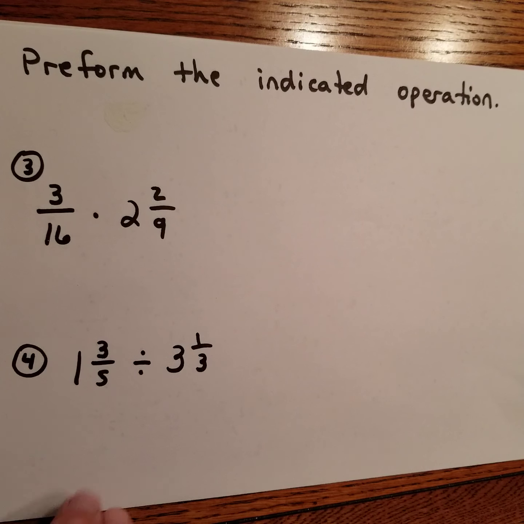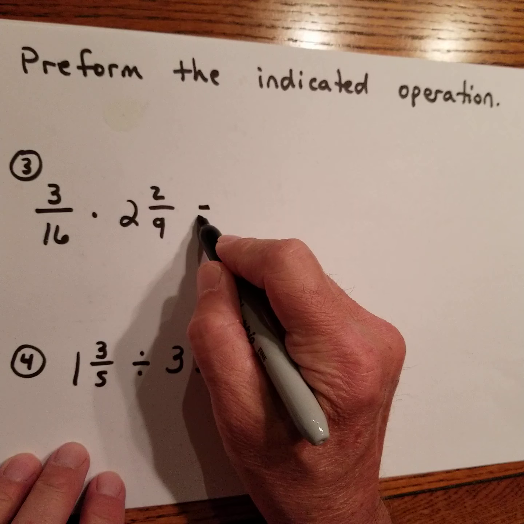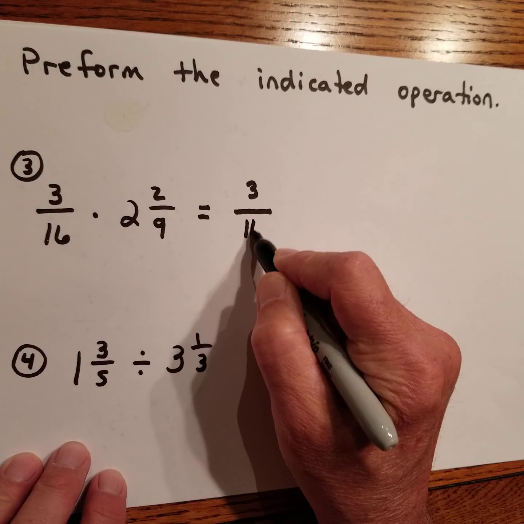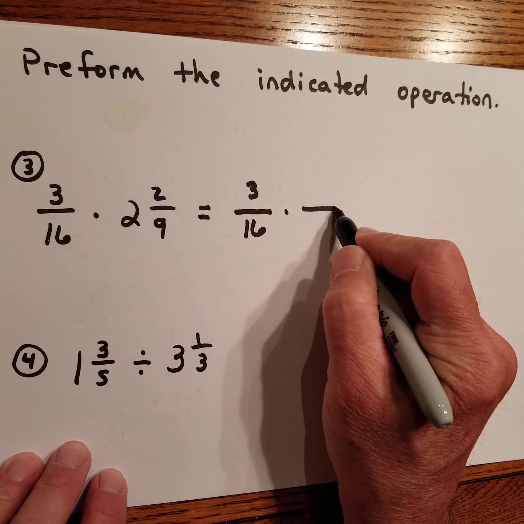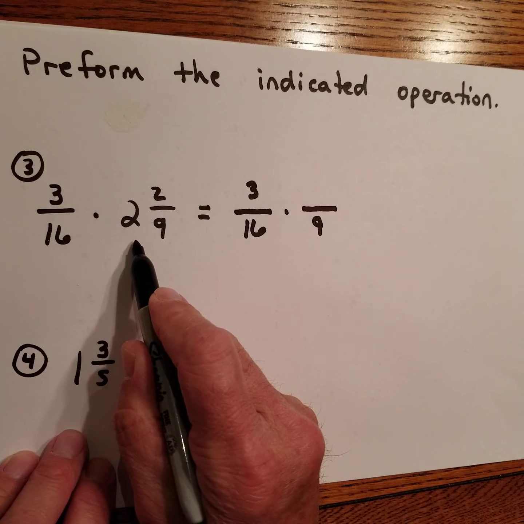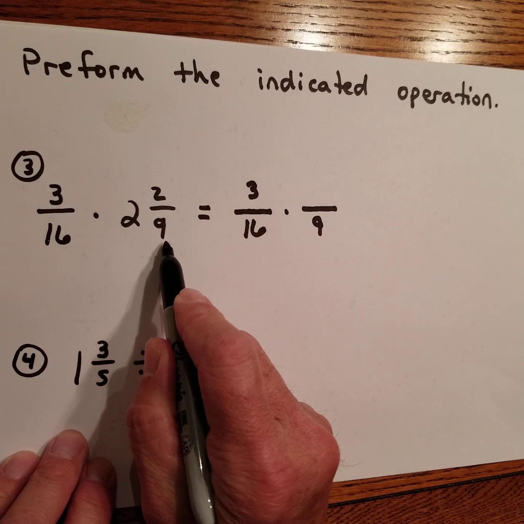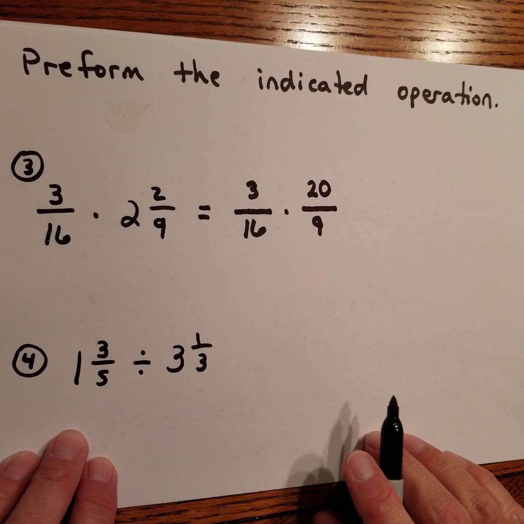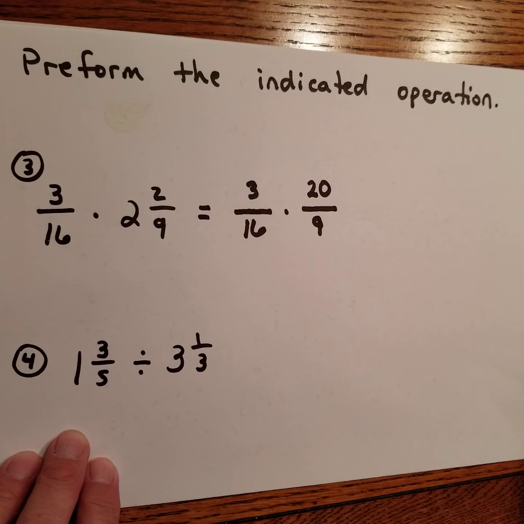When I multiply with mixed numbers, I'll first change them into improper fractions. Copy 3/16 and change 2 2/9 into an improper fraction. That's 2 times 9 plus 2. Now before I multiply, I'll try to reduce. Any top with any bottom.